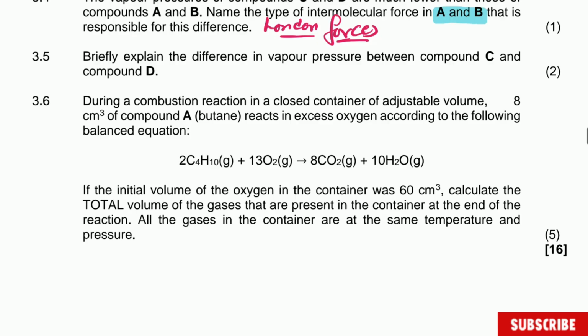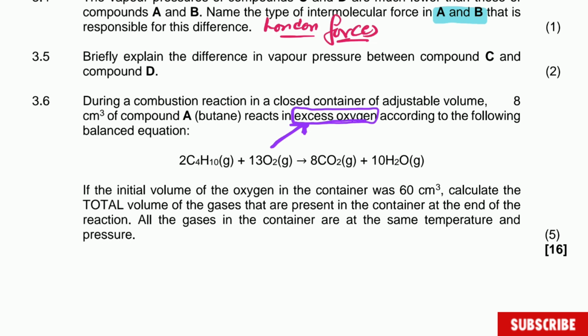So we're almost done with this question. During a combustion reaction in a closed container of adjustable volume, 8 cubic centimeters of compound A react in excess oxygen. So oxygen is in excess. Alright, and that is an important detail because it means that at the end you will still have some oxygen left in the reaction. According to the following balanced equation, there you have the balanced equation.